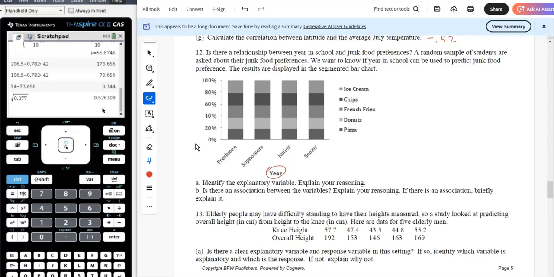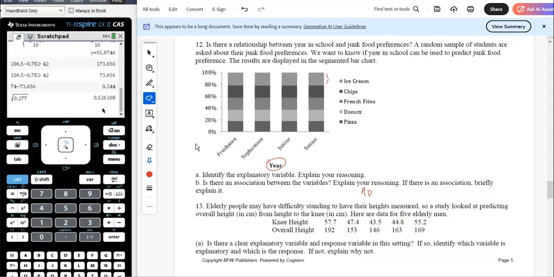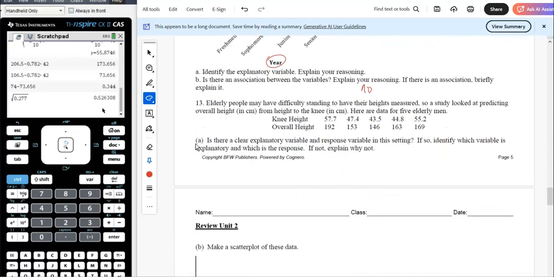It may not be true, but it might. Is there an association? No, there is not an association. You want to say yes or no for association for this. Because all of the percentages for each of the snacks are the same. It doesn't matter what year you are in school. You like snacks equally as well for each particular snack.